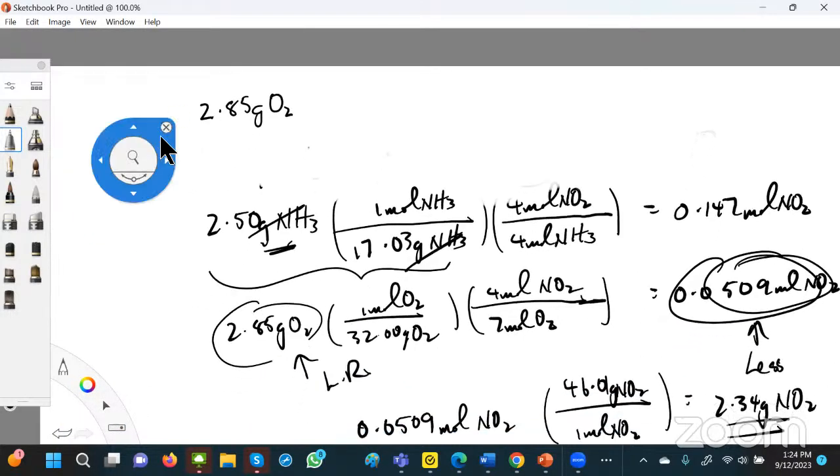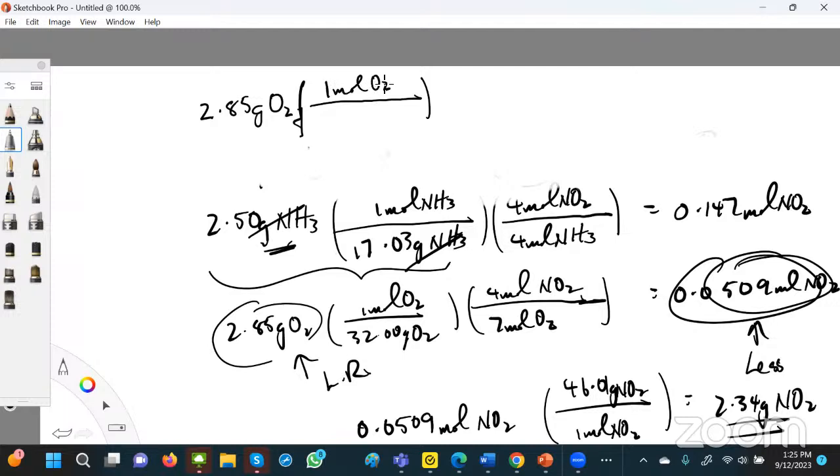So what do we do with this value, 2.85 grams of oxygen? Convert to moles. So we're going to have 1 mole of O2 above and the 32.00 grams of O2 below.